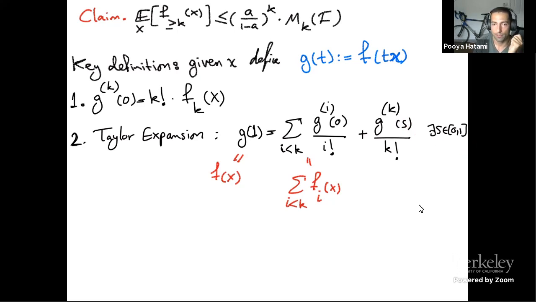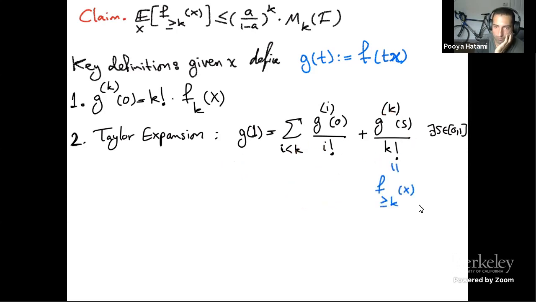Right? But what's cool here is that by the first observation, all of these terms are exactly the Fourier expansion of f up to level k minus 1. So we know that on the left, we have f of x. On the right, we have all of the levels up to k. So this term must be all of the large tail of the Fourier expansion of f.